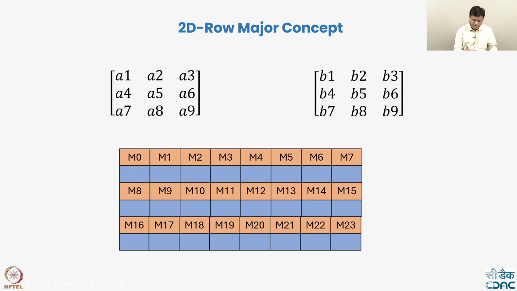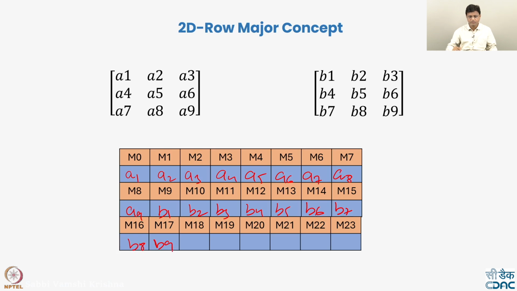So, here you can see it is going to be A1, A2, A3, A4, A5, A6, A7, A8, A9, and when that is stored, the second matrix is going to be stored here, in the order B1, B2, B3, B4, B5, B6, B7, B8, and B9.